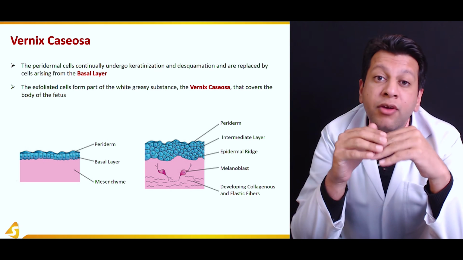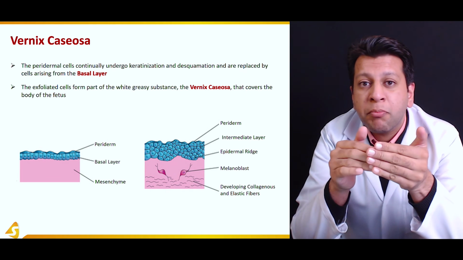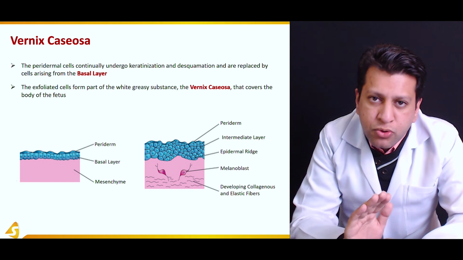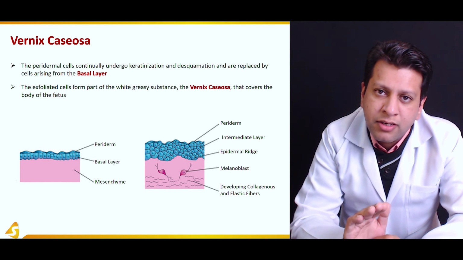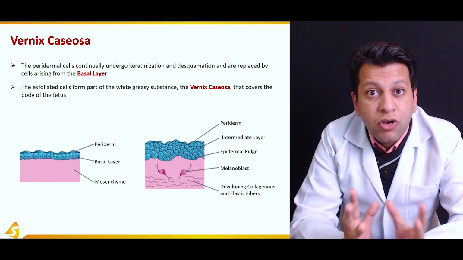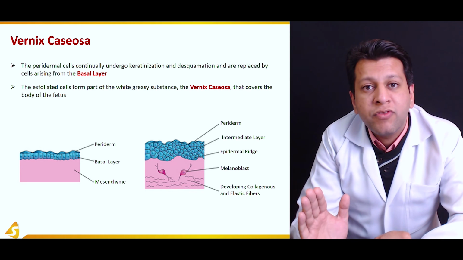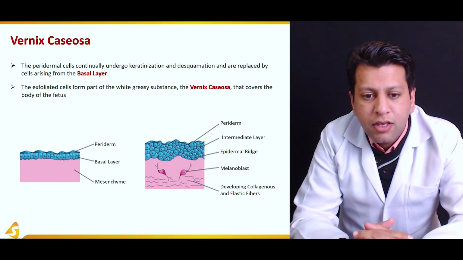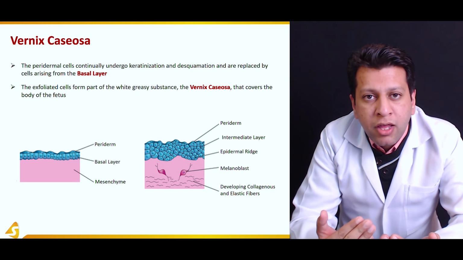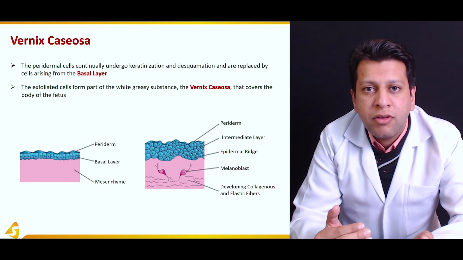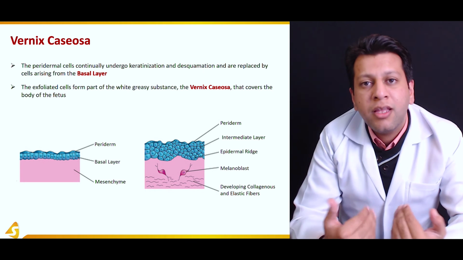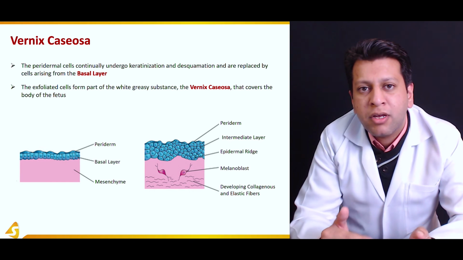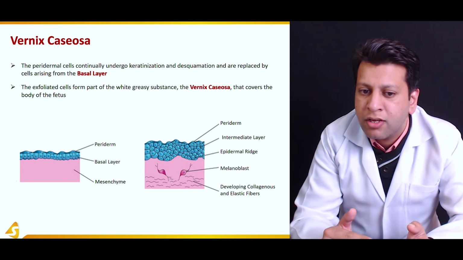And when you view it under the microscope, it appears that the cells have started to move upward, and the uppermost layers undergo keratinization. And once they have undergone keratinization, they're shed off. This shedding of the keratin layer is termed desquamation, and these are replaced by those cells which were further down, and then they also undergo keratinization, then they are shed off, and new cells are produced by the basal germinative layer.